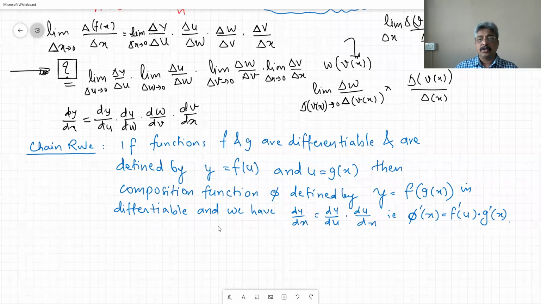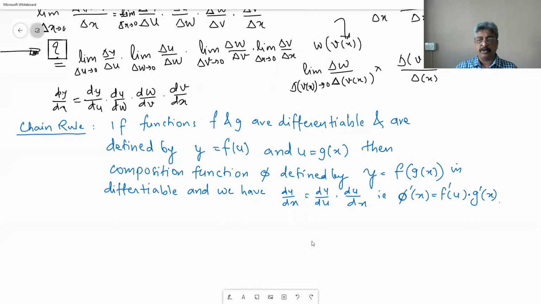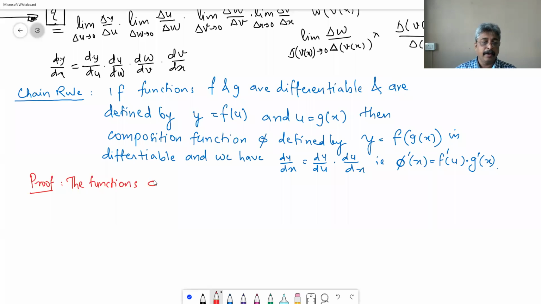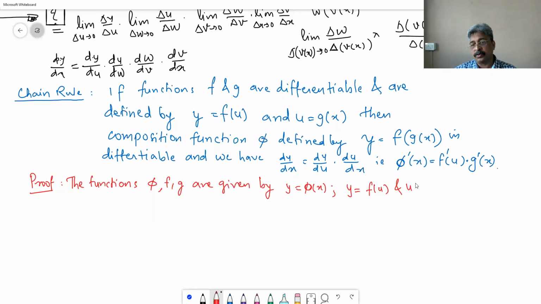I give you little time to check whether you can write the proof of this or not, and then we discuss. The functions phi, f and g are given by y is equal to phi of x, y is equal to f of u and u is equal to g of x.